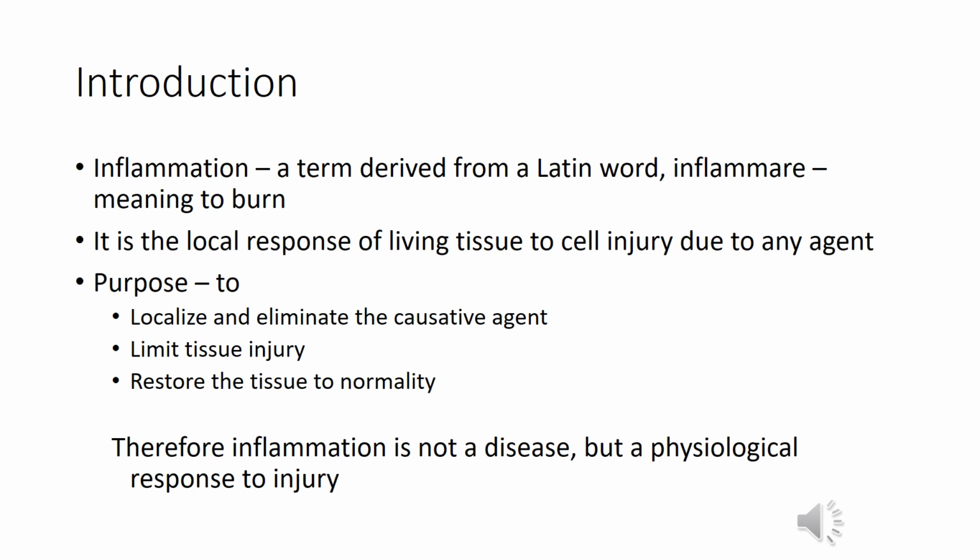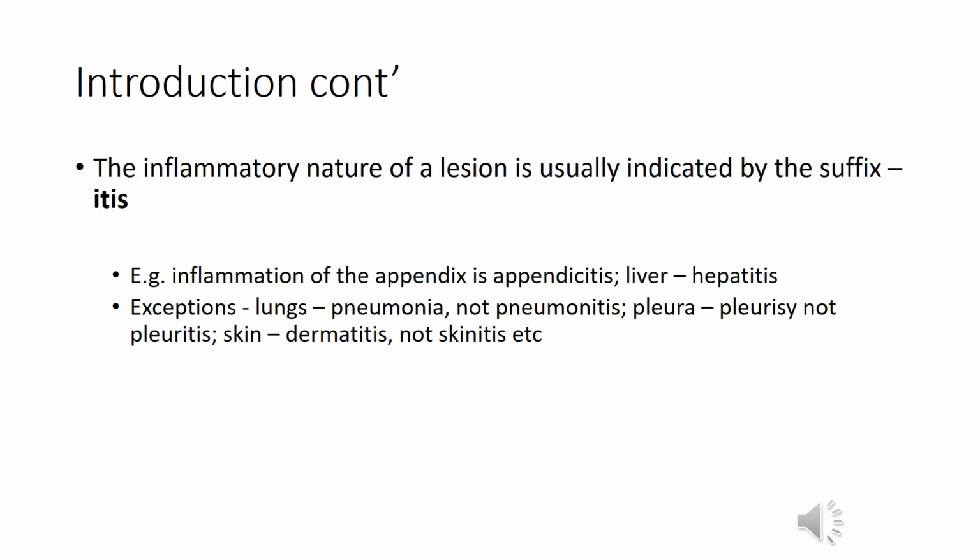Therefore, when inflammation takes place, one of the benefits is to localize and eliminate the causative agent, to limit tissue injury, and also to make sure that the tissue goes back to its normal functionality and structure. Therefore, we are saying that inflammation is not a disease. Rather, it is a physiologic response of living tissue to injury or insult.